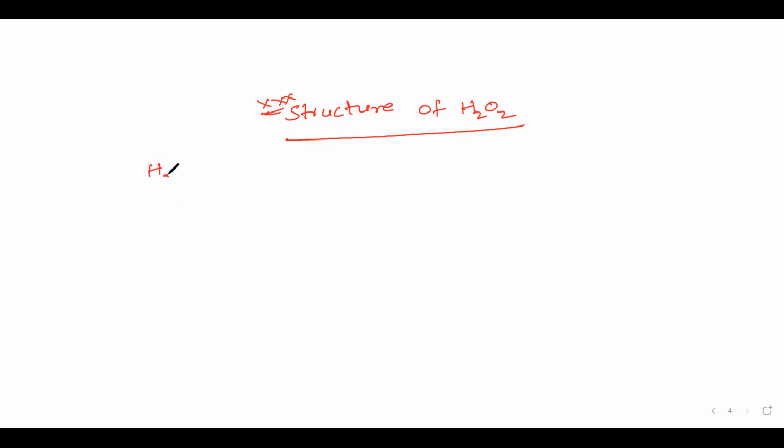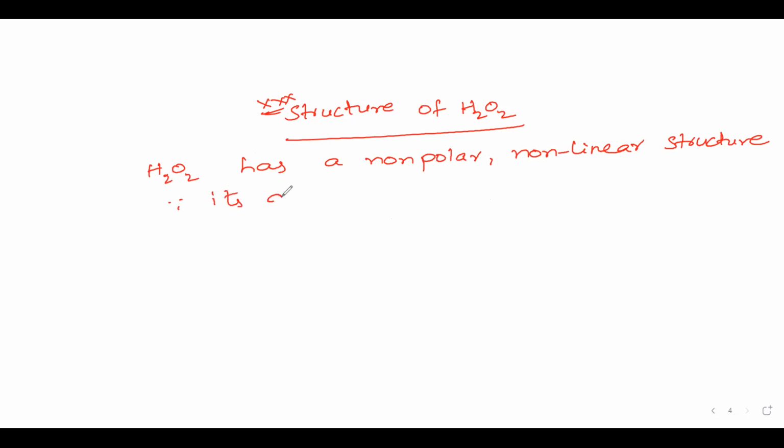Hydrogen peroxide has a non-polar, non-linear structure, since its dipole moment is mu equal to 2.1 Debye.